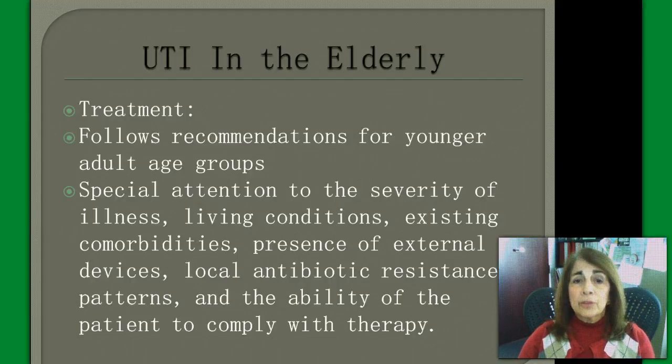However, special consideration has to be given to how severe the illness is, what their living conditions are, what their existing comorbidities are, whether there are other things that could be causing this that they can't use this specific treatment for, whether there are external devices in place, and what the pattern of local antibiotic resistance is that would make use of a certain antibiotic ineffective in the elderly person in that area, or in the younger people for that matter. And of course the ability of the patient to comply with the therapy. If they can't take it in the form that we want to give it, it doesn't matter.